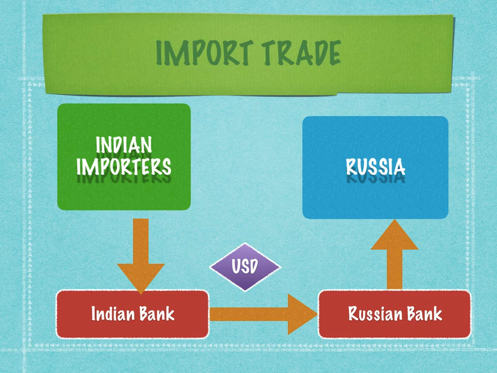So to recap, the Indian importer gave INR to the Indian bank. The Indian bank converted the INR into USD at the prevailing market rate. It transferred the USD to the Russian bank through SWIFT, that's the Society for Worldwide Interbank Financial Telecommunication.